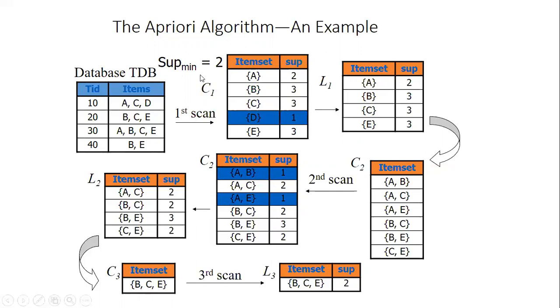We have to check which two item sets have less than the minimum support. Here AB and AE are below the minimum support, meaning they are not frequently purchased, so these two we eliminate from the candidate generation. Then we consider only AC, BC, BE, CE.